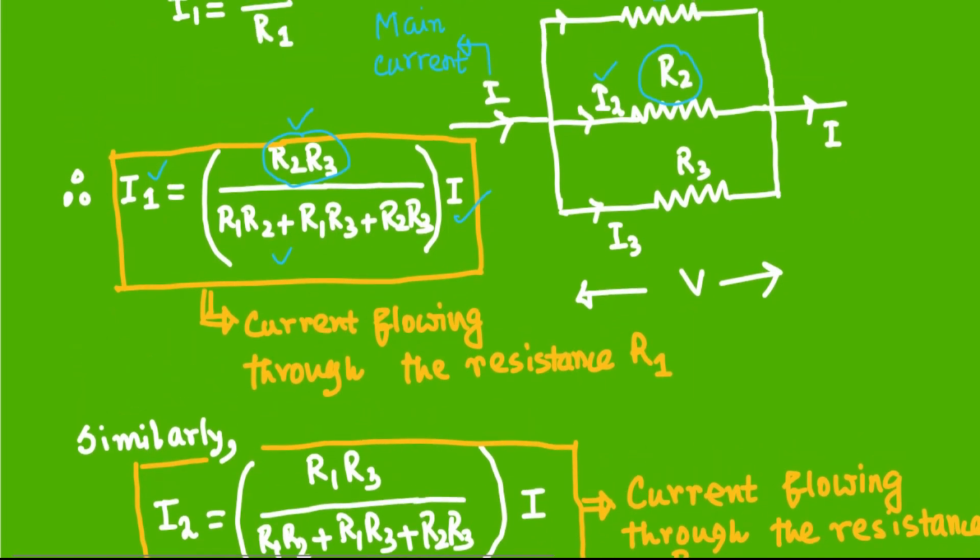Similarly for I2, for R2, current flowing through the resistance R2 is I2.